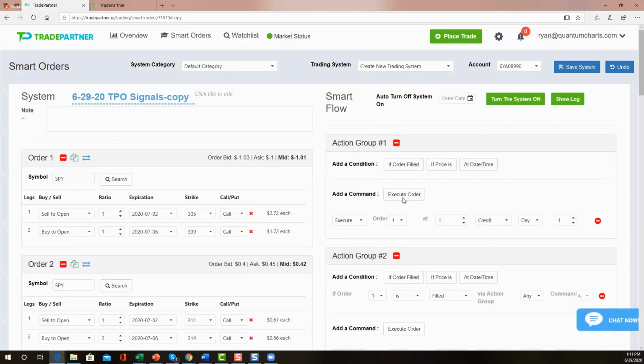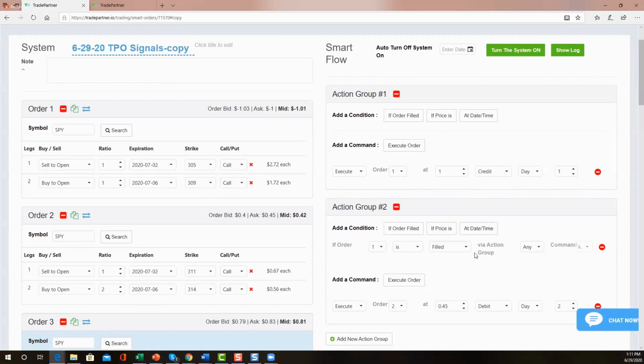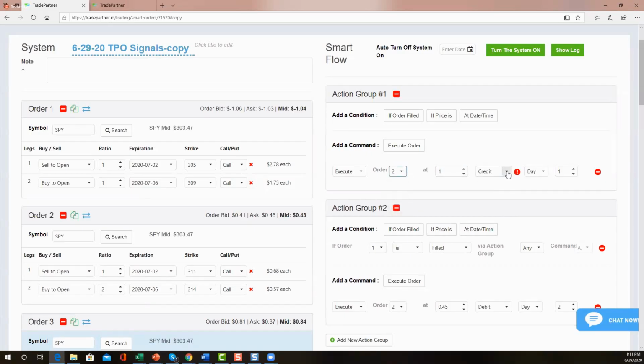So here's the copy, the bearish neutral and the bullish. So I'm going to execute order 2 at a debit. It's trading, it says, 43. I'm going to go a debit of 46.